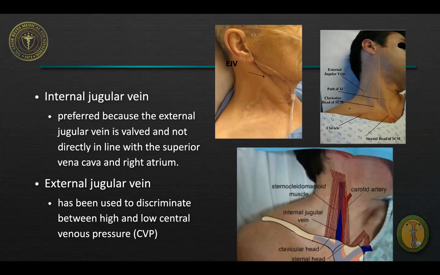The internal jugular vein is preferred because the external jugular vein is valved and not directly in line with the superior vena cava and right atrium. However, the external jugular vein has been used to discriminate between high and low central venous pressure.